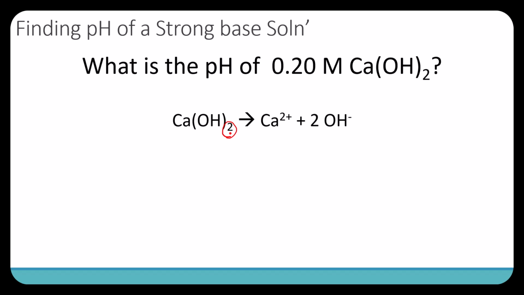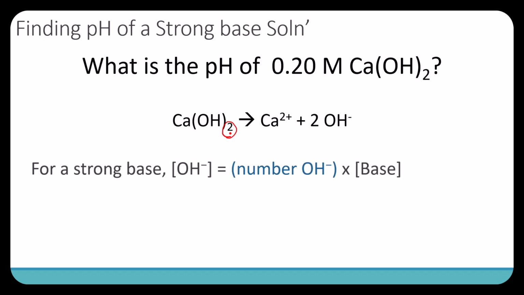So very similar to the statement that we made for strong acids, the hydroxide concentration for a strong base will be equal to the concentration of that base, right? That was the same statement. But we also have this added layer where we have to consider how many hydroxides are present.